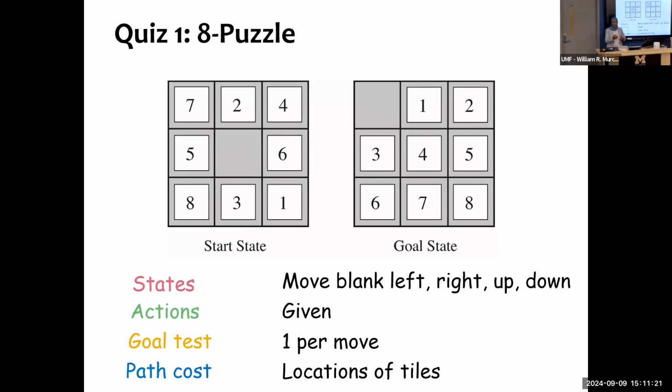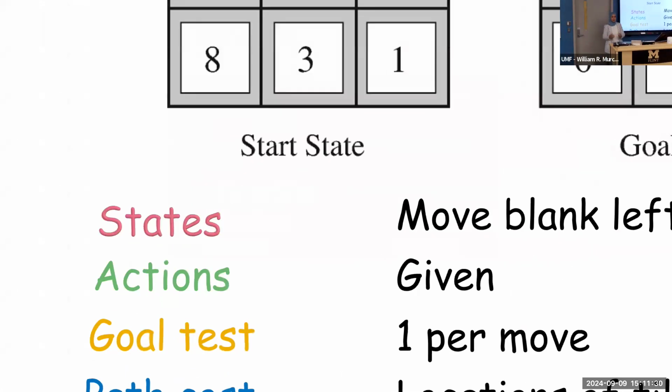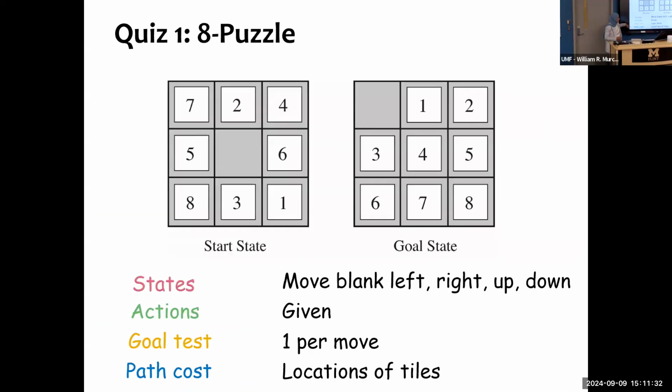I can do something. I can take some action. So here I can move it to the right, to the left, up and down. So these are the possible actions. What is my goal test, where I want to be or reach? The goal here is to... Show me the goal. Yeah, you can come and show me the goal.